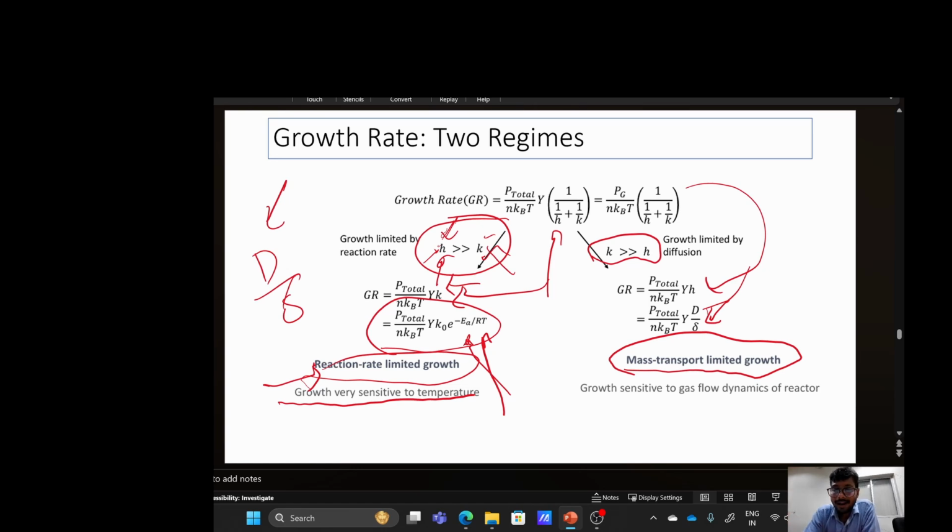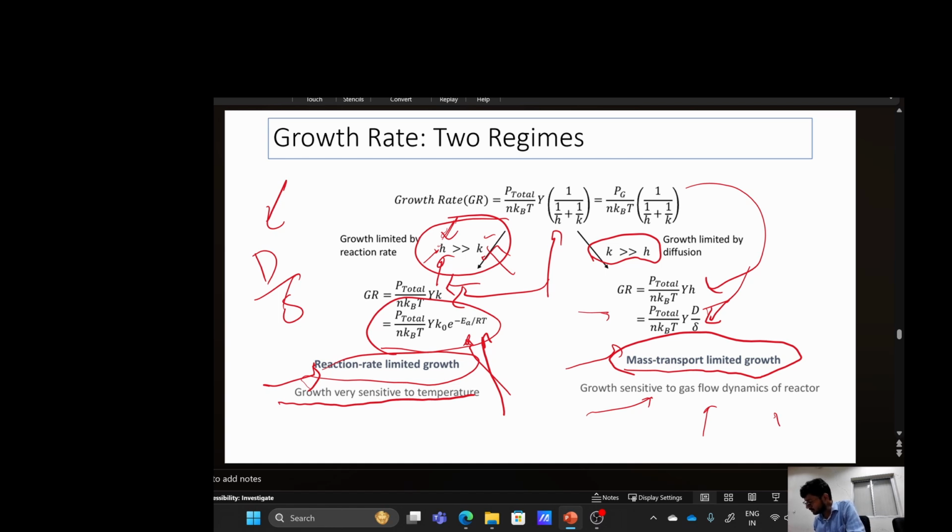Growth is sensitive to the gas flow dynamics of the reactor. Actually, it depends on the structure and geometry of the reactor. What the growth rate of the film on the substrate will be depends on that.